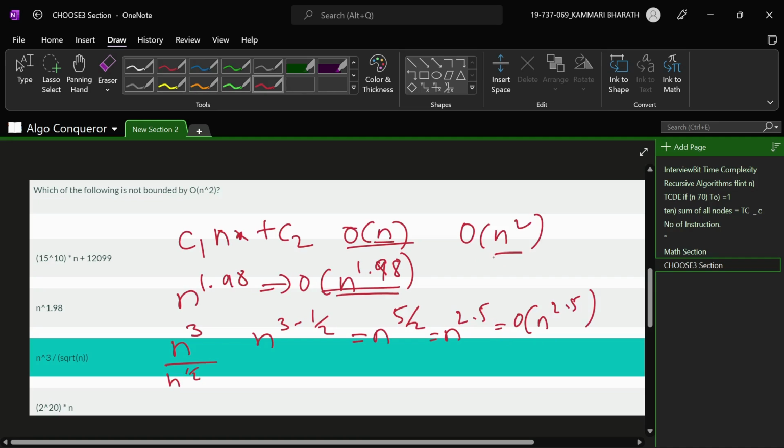O of n square, this is not bound by O of n square. This is greater than it. Now let's come to the fourth one. This is of the form constant into n, which basically is O of n. This O of n is also bound by O of n square. This is the only one which is not bound by O of n square.